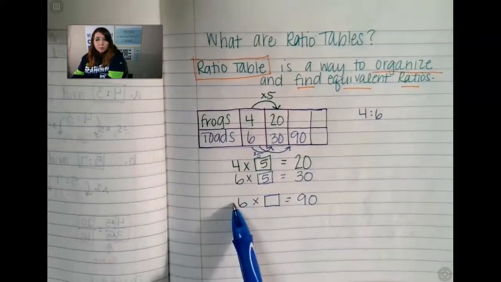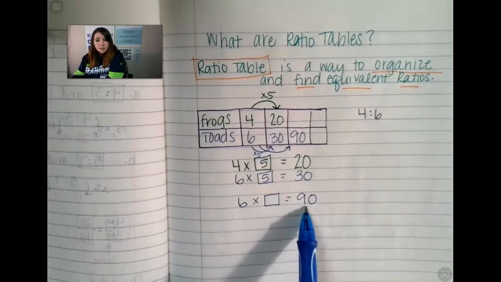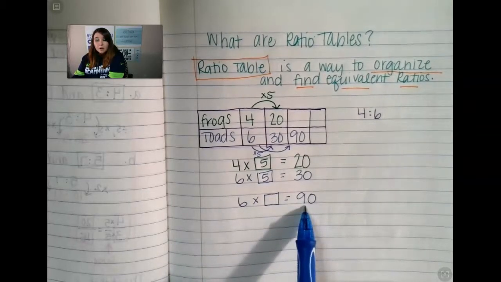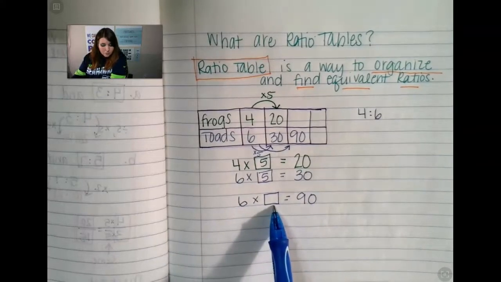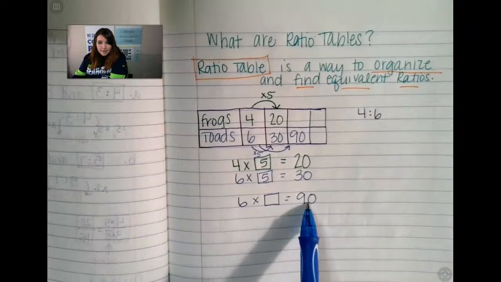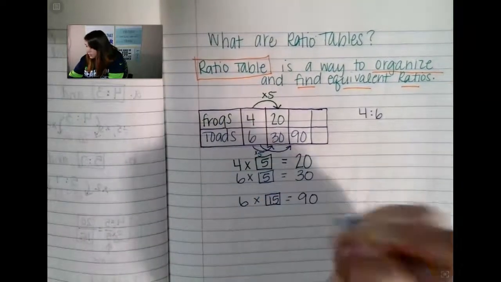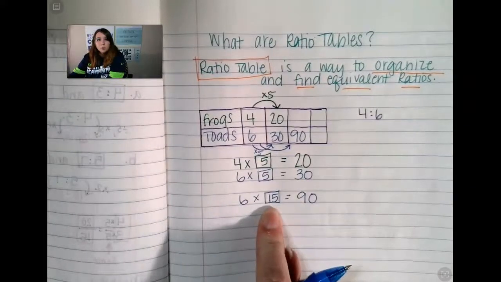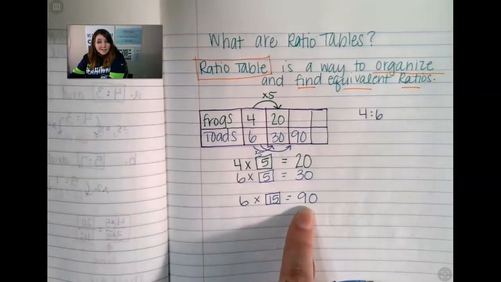So we know that 6 times something gives us 90. Well, I know that if I do the number 15, I will get to 90. So I'm going to put 15 here. 15 becomes the multiplier, because when I do 6 times 15, I get 90.